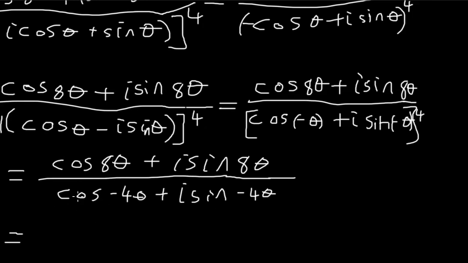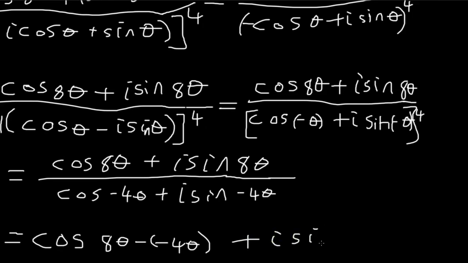Since we are dividing two complex numbers, meaning we're subtracting the arguments, we're going to have cos 8 theta minus negative 4 theta, we subtract the argument like that, and then plus I sine 8 theta minus negative 4 theta, like that.